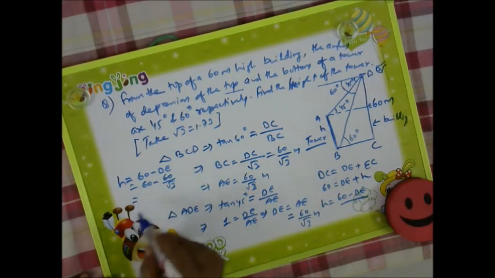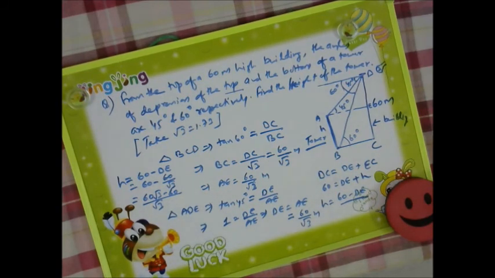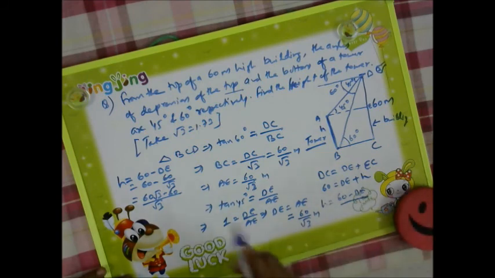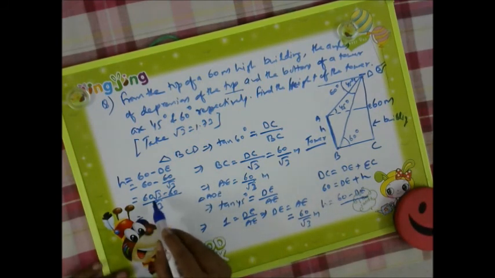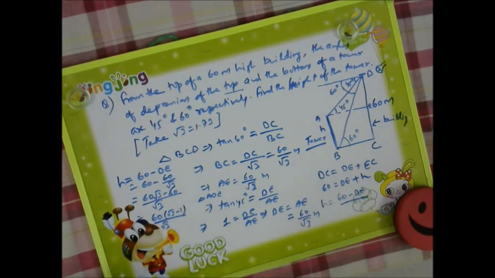Now this gives 60 into root 3 minus 1 divided by root 3.